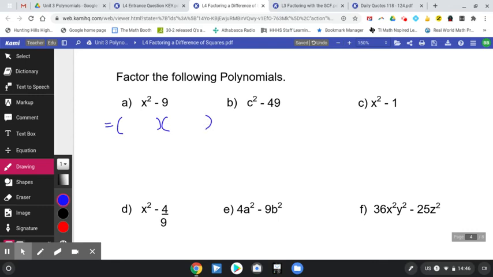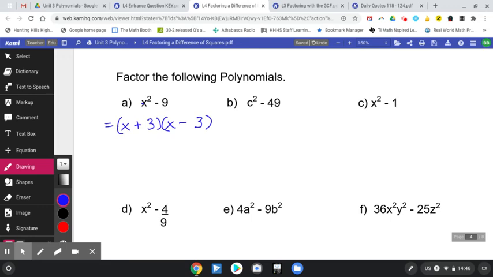I'm going to take the square root of my first term. So square root of x squared is x. Square root of 9 is 3. We make one of them adding and one of them subtracting. And it doesn't matter which bracket you put your add in and which bracket you put your subtract in.